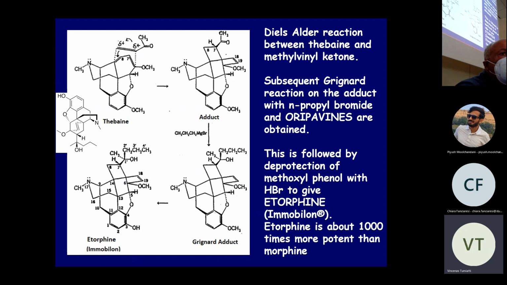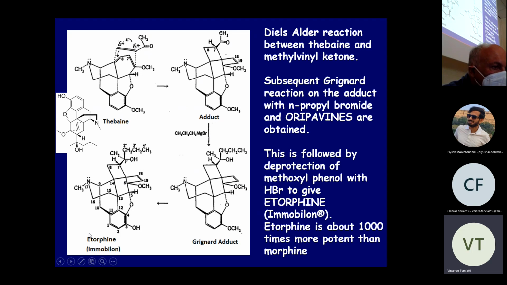In particular, they use this type of ketone, methyl vinyl ketone. Then, on the ketone, they made a Grignard reaction. The final point, I am not interested in this type of synthesis, but it's just to show you how it's possible to increase the potency of morphine.